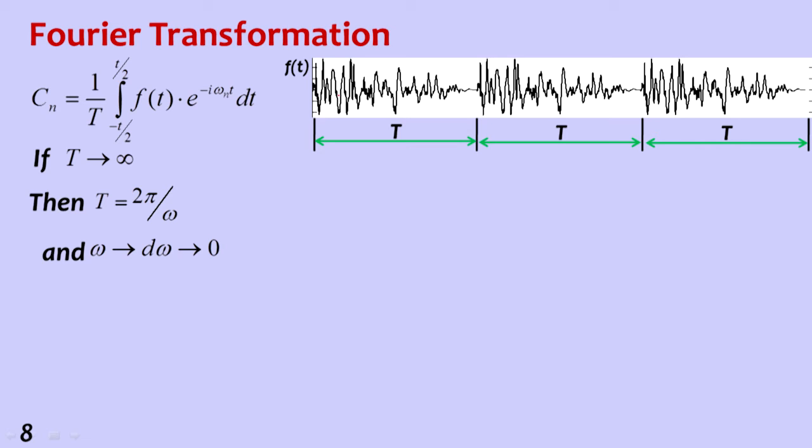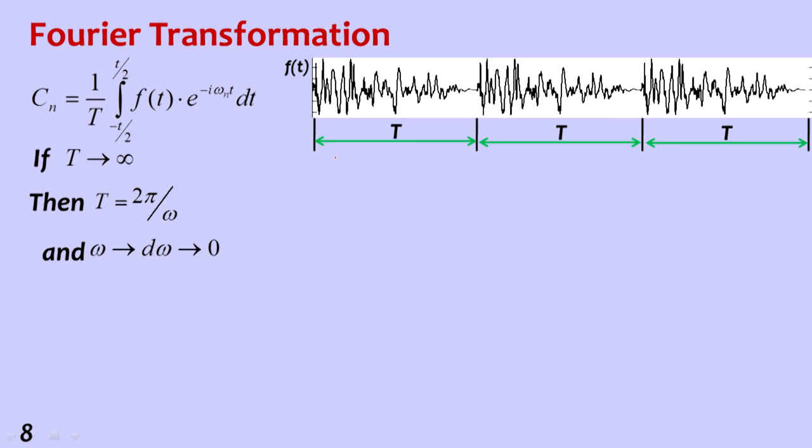Take an earthquake signal which is repeating after, say, the entire signal period. Something like this is a random vibration and it is repeating after every cycle. When the total time tends to infinity, we can assume that each earthquake signal is continuously repeating. Then T is 2 pi by omega n.